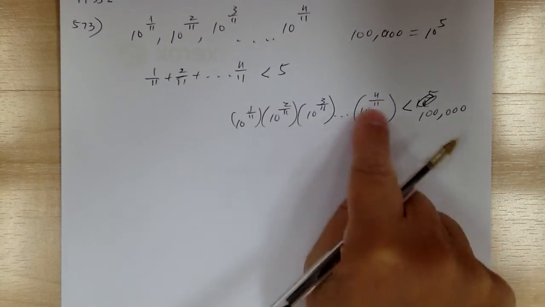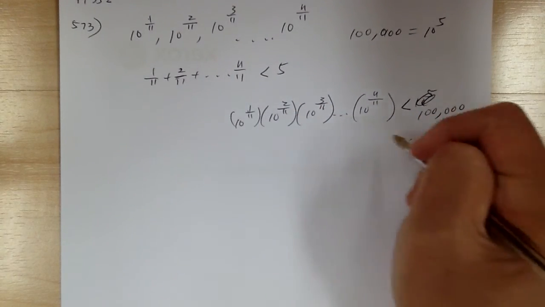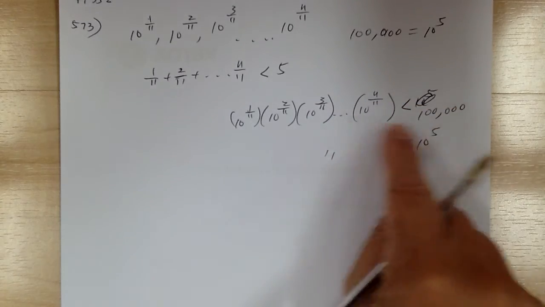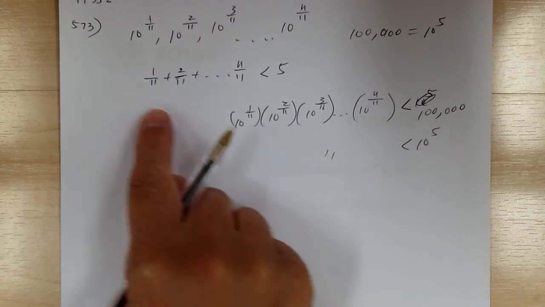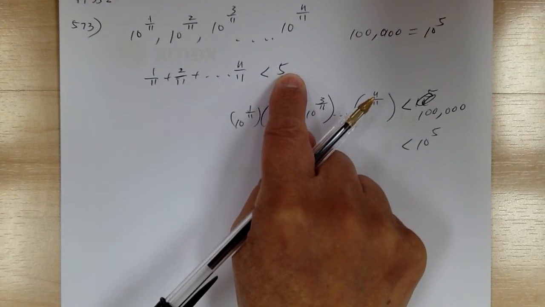So if you just compare the exponents, that means that when you add all the exponents, the sum has to be more than 5.